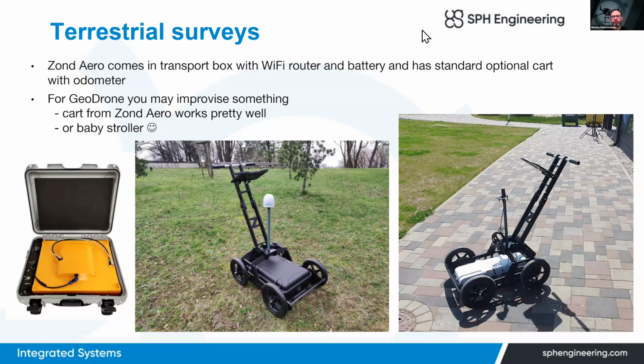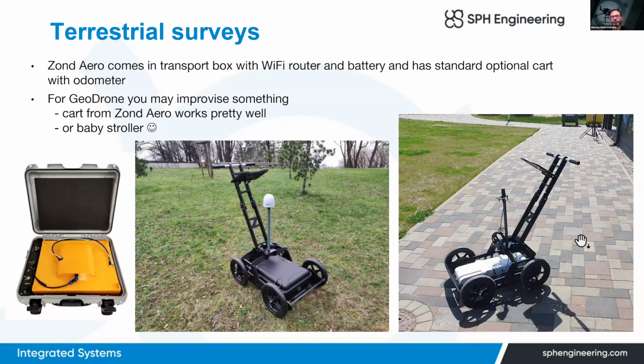For MALÅ GeoDrone, at the moment at least, they don't provide any options to support terrestrial surveys, but as we had to collect baseline data, baseline for GPR means from the surface or almost from the surface, we used MALÅ GeoDrone with a cart from Zontaira, and it fits here almost perfectly.